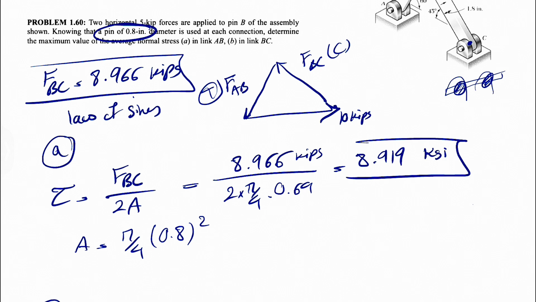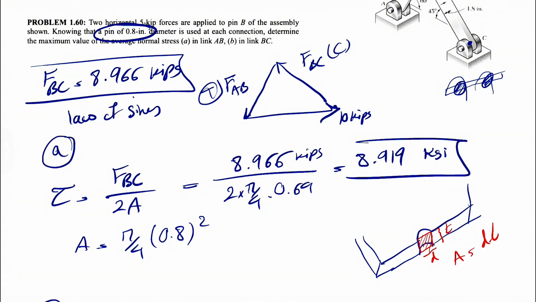Let me show that area in a simple example. If we have this plate in here, the area we are talking about would be the area of this rectangle, which is the projection of the bolt on the plate. So basically the area would be the diameter, D, times the thickness, T.